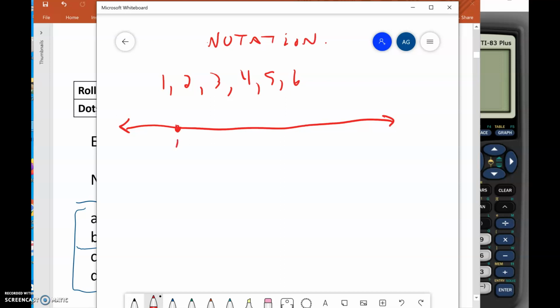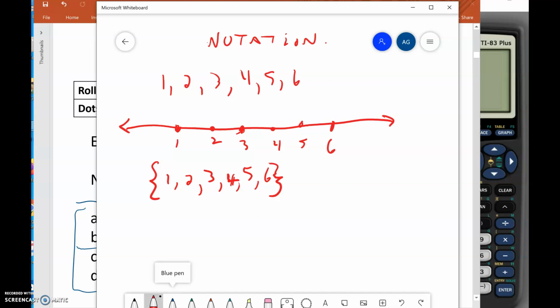This is the set 1, 2, 3, 4, 5, 6. And it's not including the numbers in between. So like 1.5 is not in here, 2.5 is not in here. And so it's just the discrete values 1, 2, 3, 4, 5, 6. So here's the proper way to write this. You actually have to write them all out, and we use curly brackets. Okay, so when you have discrete points like this, this is the way to do it.